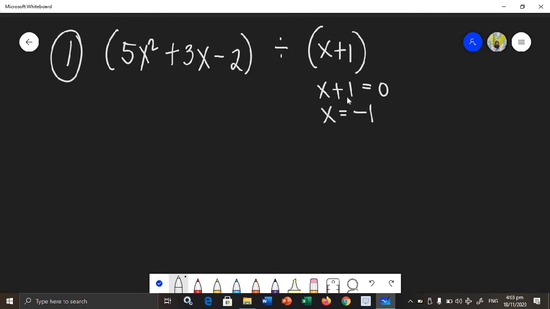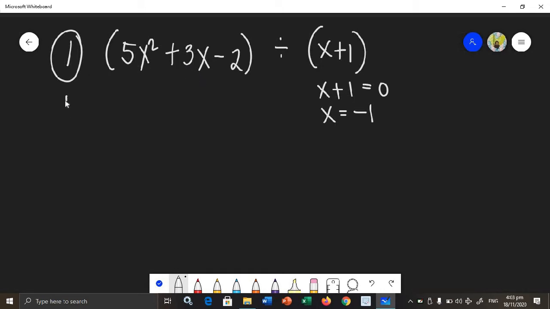So x is negative 1. In short, it is just like in synthetic division: we get the value of x. Next, we substitute the value of x to the x's in the given polynomial. That is how we evaluate polynomials, as I already discussed, and we will apply that here.